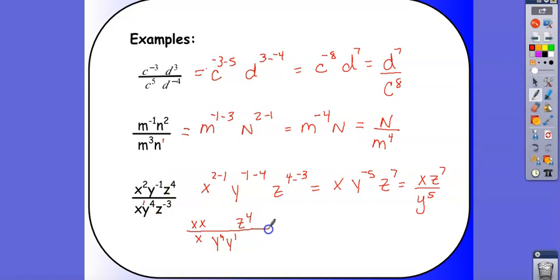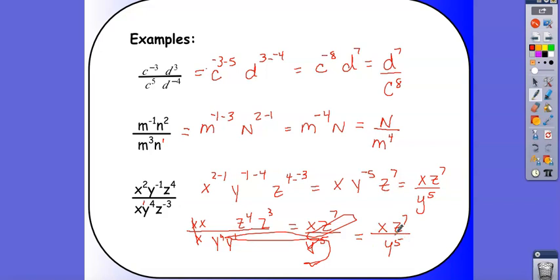I'm going to take it upstairs. What do I got here? Those cancel. I'm left with an x. The y's are on bottom, and there's 4 and 1. Oops, I don't know why my pencil does that. 5. Z's, I add them because I'm multiplying them. And I hope you can see that I have exactly the same thing.